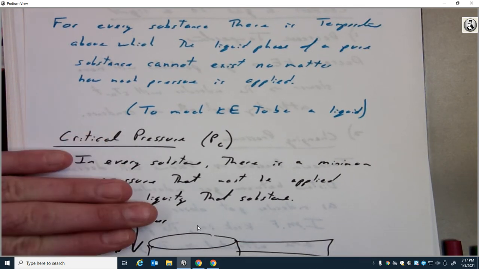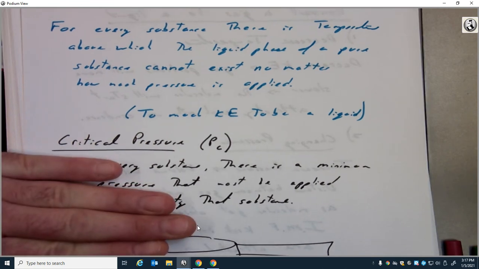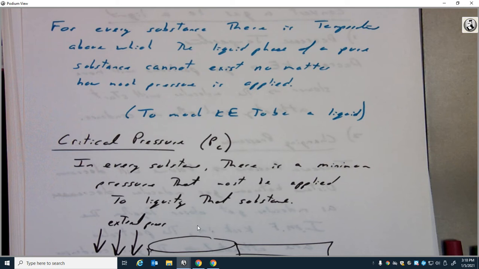If this pressure is greater than my vapor pressure, we'll have a liquid. Well, what if there is no external pressure? That means my vapor pressure is always greater than my external pressure, and this will automatically be a gas. So if there is no external pressure, you can't have a liquid because it's just going to automatically boil off. Every substance has to have some minimum pressure to keep that substance as a liquid.